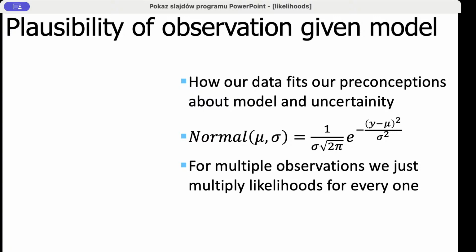Because in normal distribution, we expect that numbers have a mean and have a standard deviation. And the probability of y given mean and standard deviation is given by this formula. But it can of course also be used as a likelihood.